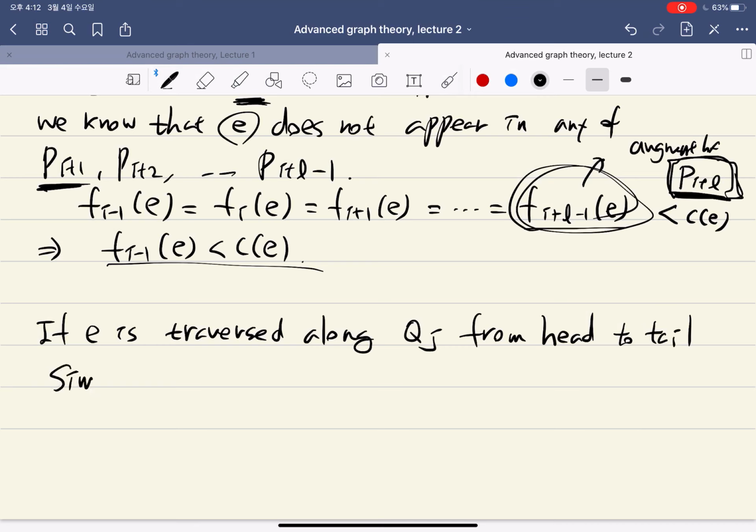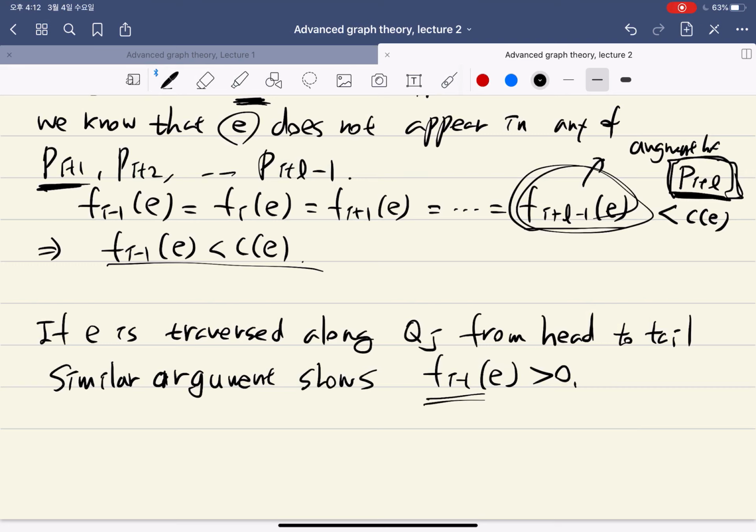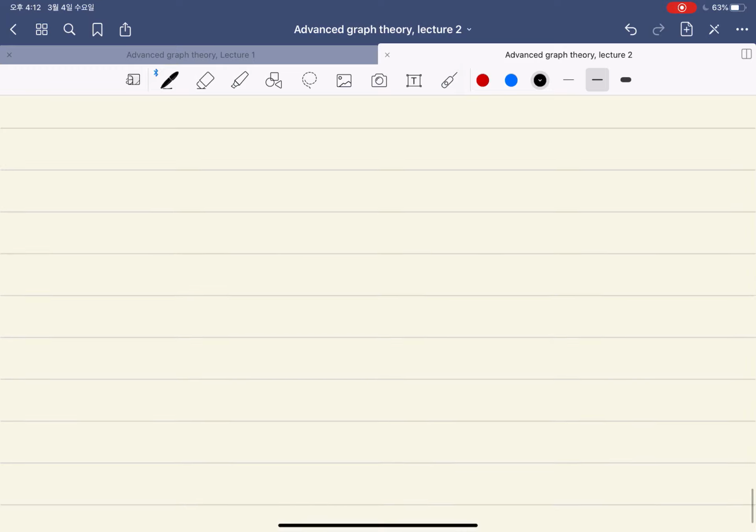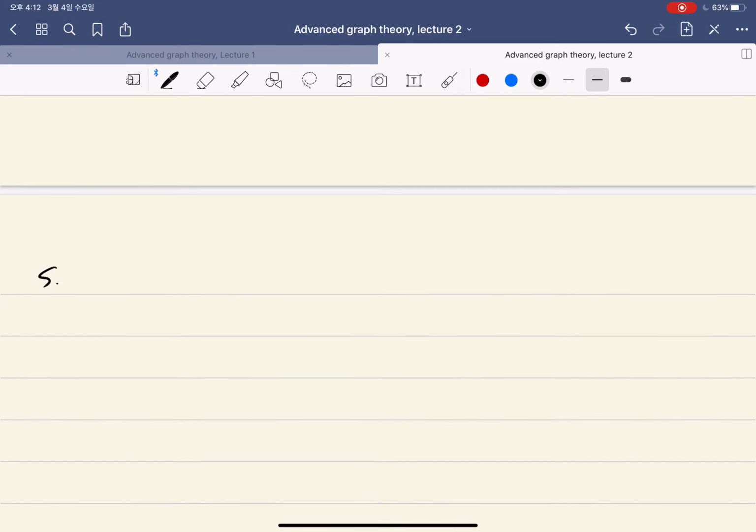With the same argument, we can check what we want, that this actually has a positive flow value. f sub i plus 1 has positive flow value at e. So we conclude that this Qj is actually an f sub i minus 1 augmenting path.